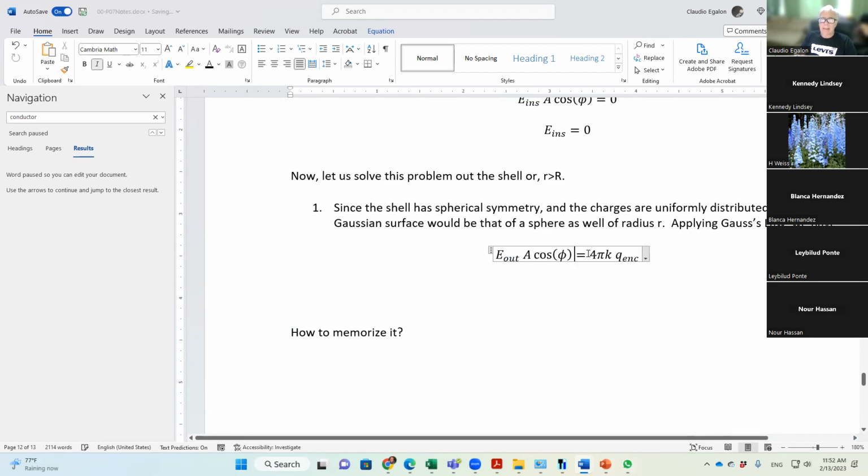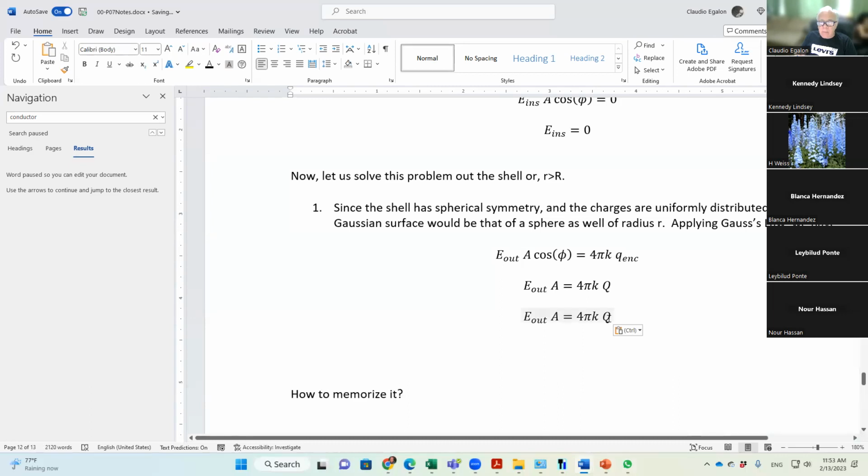The angle between the area vector and the electric field is going to be 0. Consequently, the cosine is going to be 1. And now the charge enclosed by my Gaussian surface is going to be big Q.